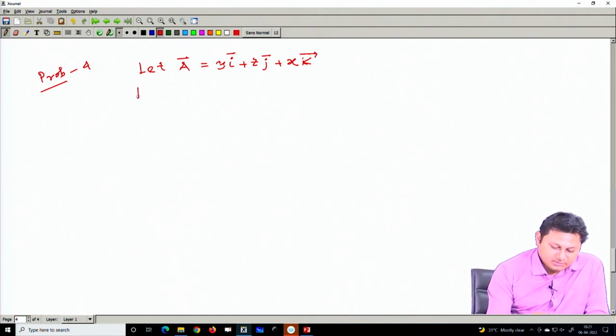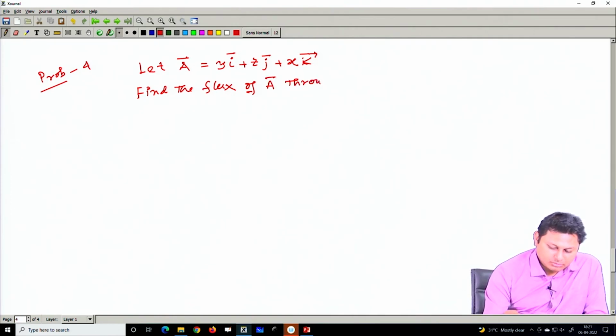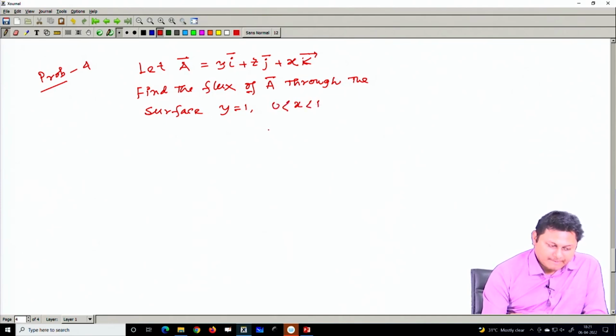Now, the question is: find the flux of the vector field A through the surface y equal to 1, for x from 1 to 0 and z from 2 to 0.